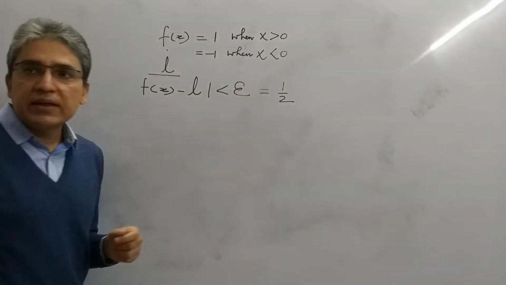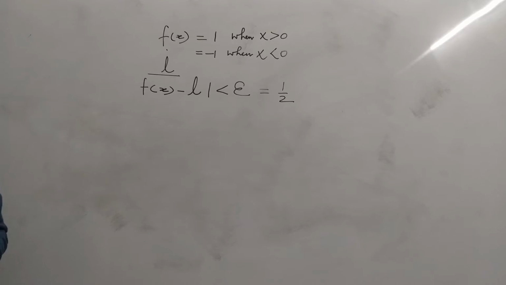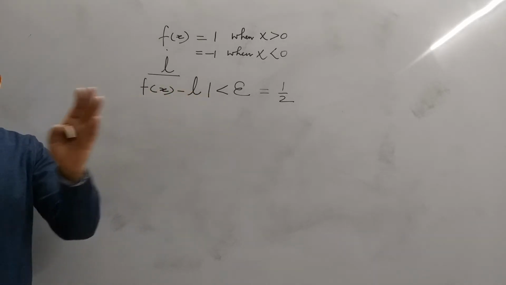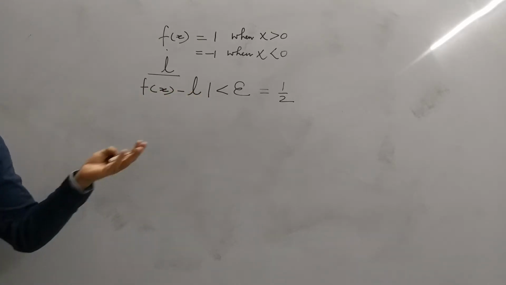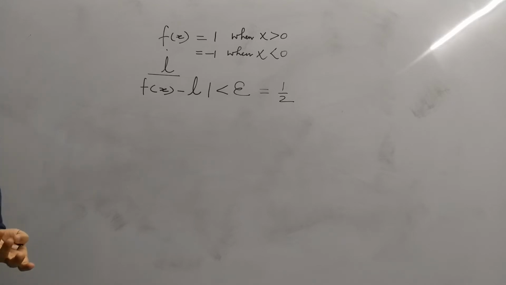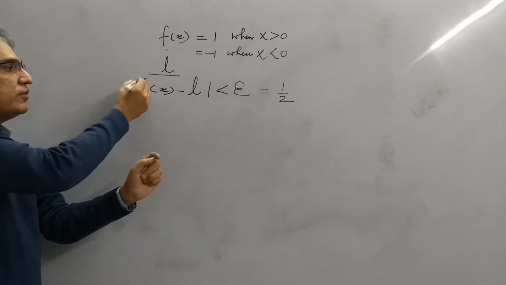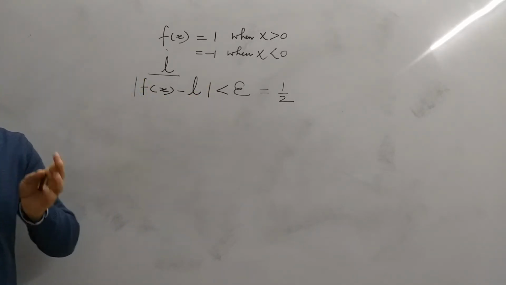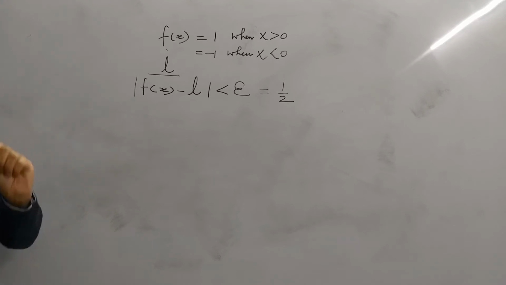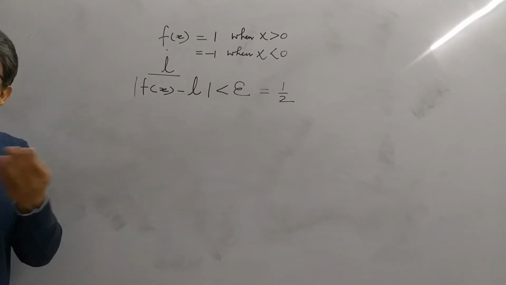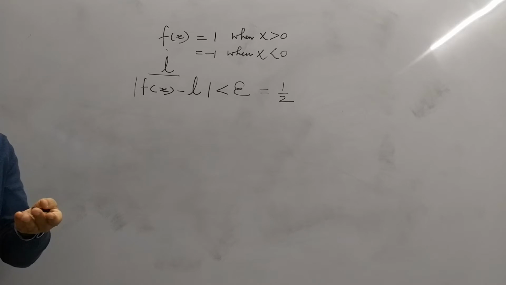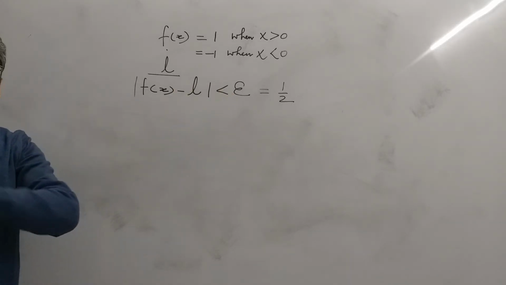I told you that epsilon has to be positive. I am taking that epsilon to be half. Okay, you can take anything else that you like, 1 by 3, 1 by 4, 1 by 5, whatever, but I am taking it to be half. So my functional values will deviate from the limit by half. Alright? Okay. It means I will get a delta. As the argument goes, whenever this is the case, I'll get a delta.